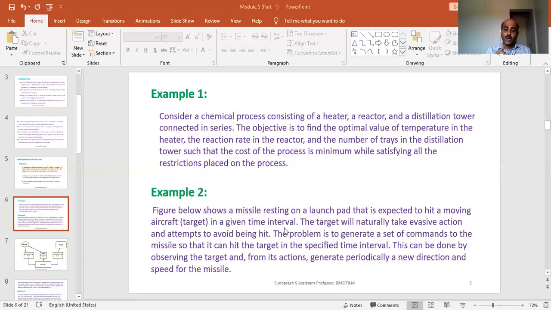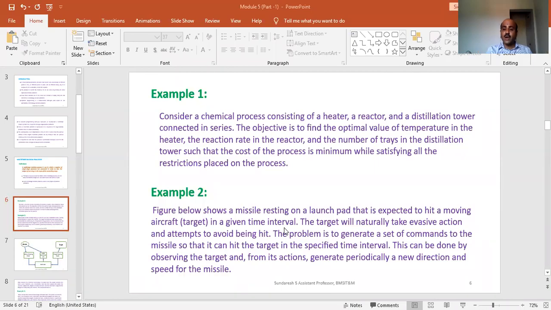But what we want to do here is generate a set of commands to the missile so that it can hit the target in the specified time interval. So how can you generate the command? Our task is to generate the command which will make the missile hit the target within a specified time interval.